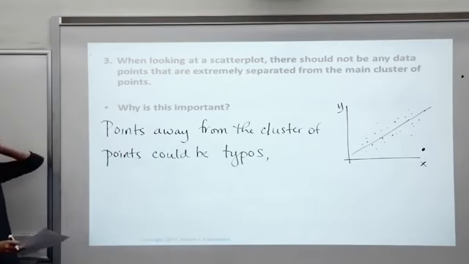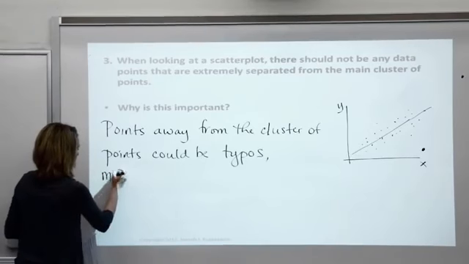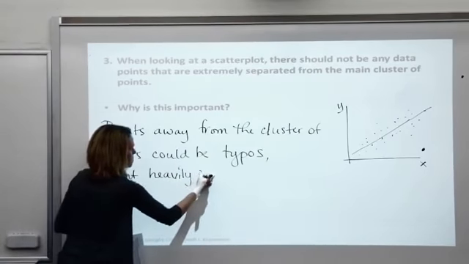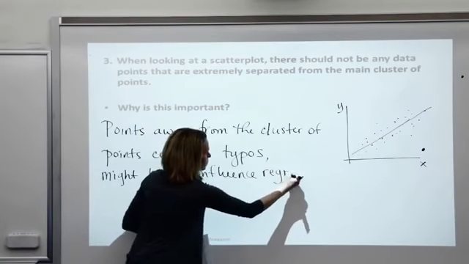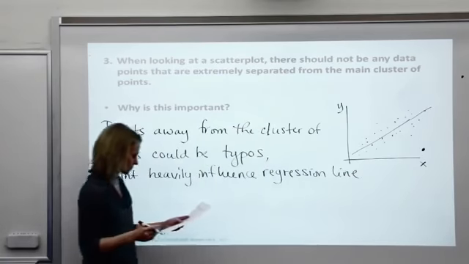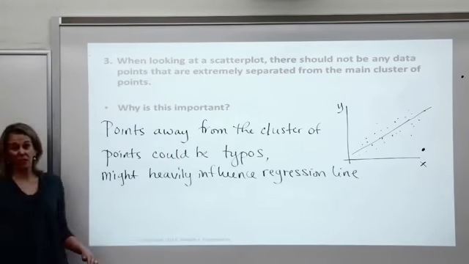Second thing, they might heavily influence that regression line. The other thing, they might not even belong to the population of data that you have.